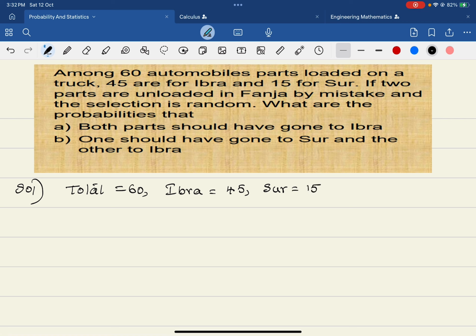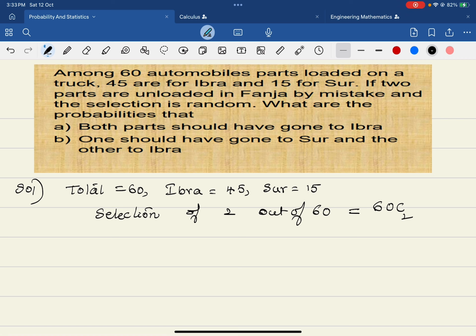So now the question is, if two parts are unloaded in Funza by mistake and the selection is random, that means you are selecting 2 out of how many? 60. That is your denominator. Correct? Selection of 2 out of 60. Always remember this formula. This is your denominator, 60C2.